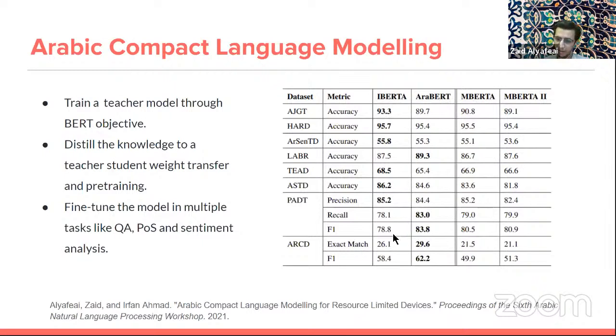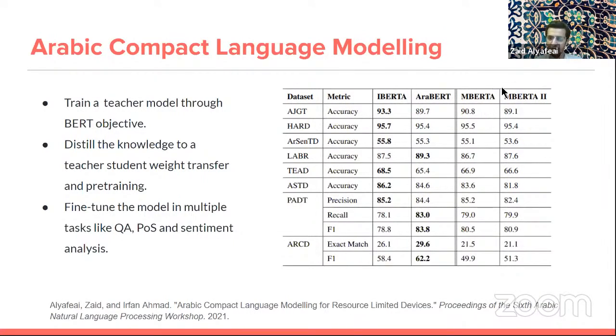For some datasets like ARCD, which is question answering, it achieves worse results. This is because we use a much smaller vocabulary size. I think this model has 64,000 vocabulary size, and this one has, if I remember correctly, 50,000. We call it IBERTA.